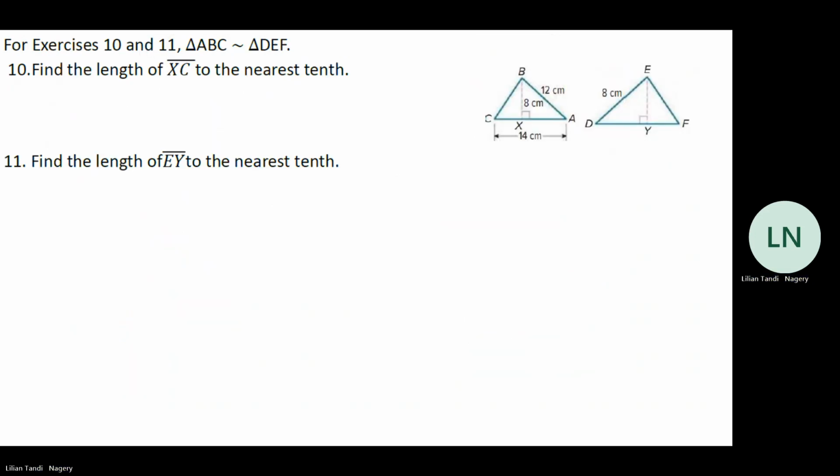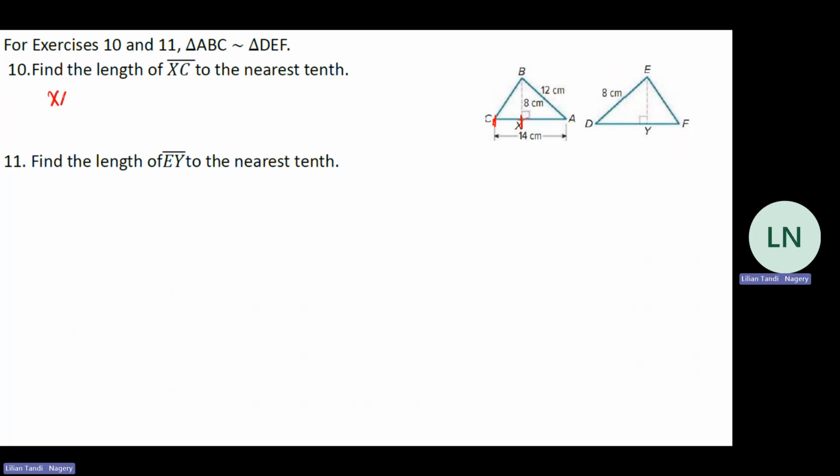All right. So then, what does this question want? Find XC. So we can find XA.